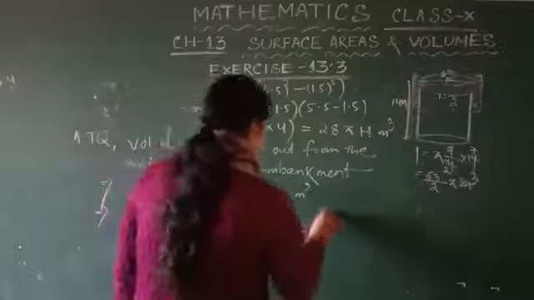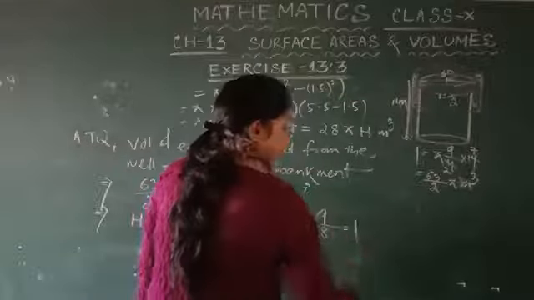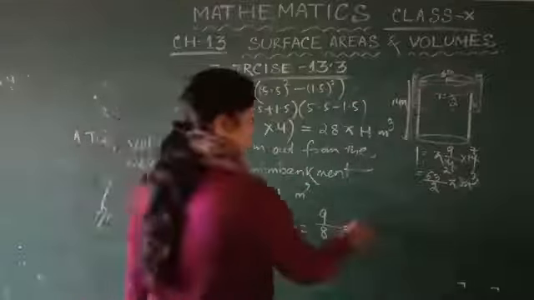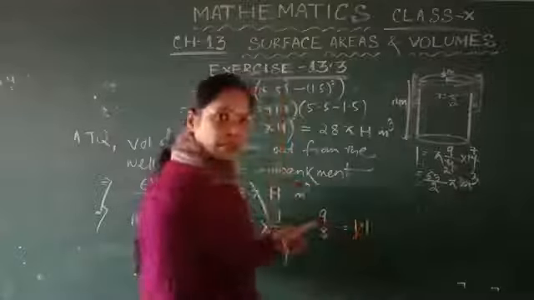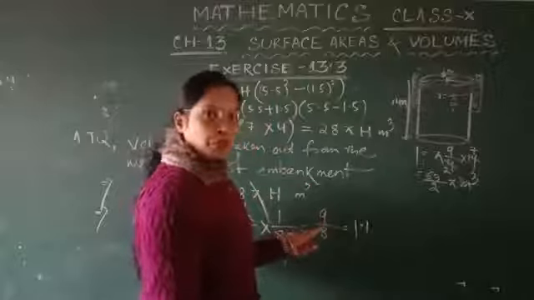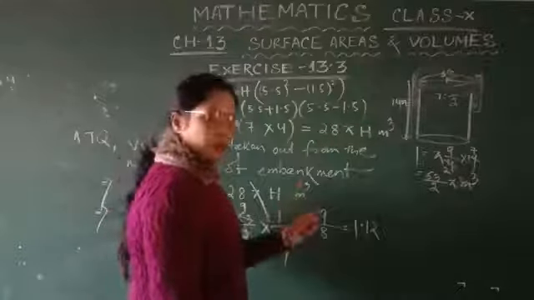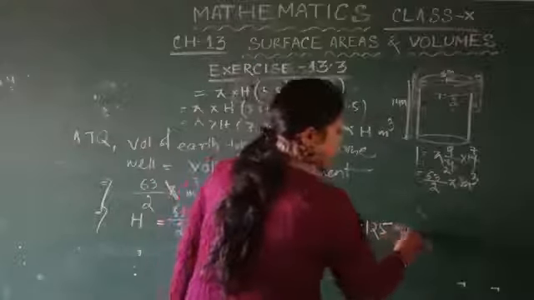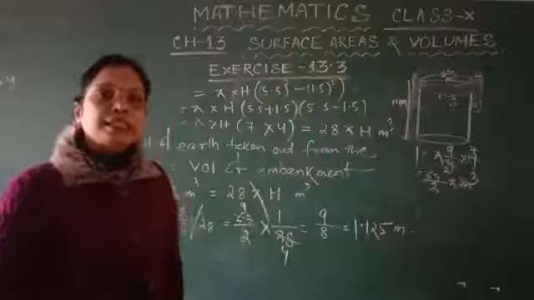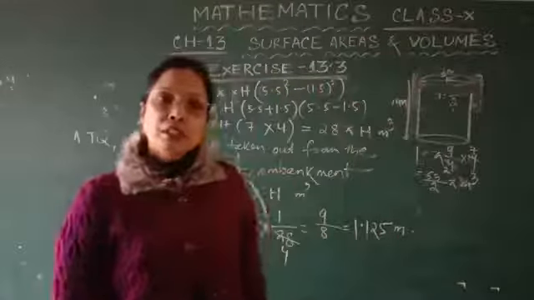That is equal to 9 upon 2 into 4, 9 upon 8. Then dividing 9 by 8 gives 1.125. So 1.125 meter is the height of this embankment.